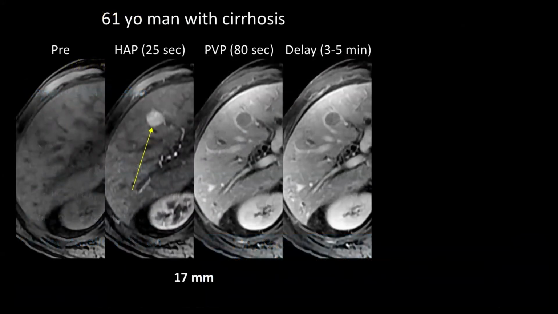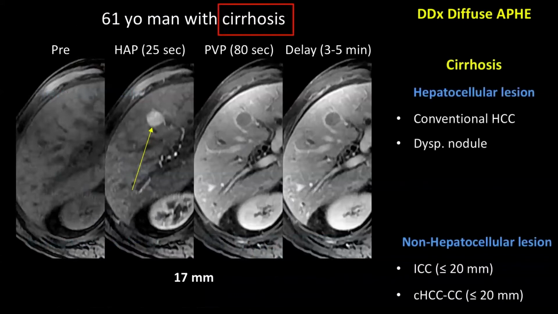Okay, now let's turn to the 61-year-old man with cirrhosis. And so now we're looking at a patient with cirrhosis, and we're looking at the differential diagnosis of diffuse APHE in cirrhosis. The differential diagnosis includes conventional HCC, dysplastic nodule, and non-hepatocellular lesions such as cholangiocarcinomas and combined tumors. But this particular lesion with diffuse APHE has something else.